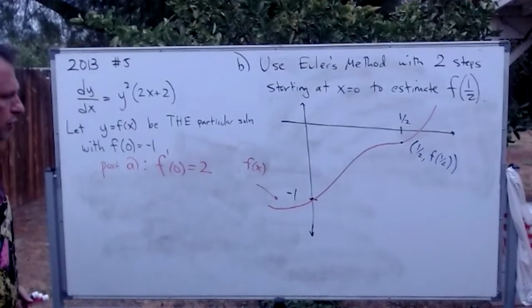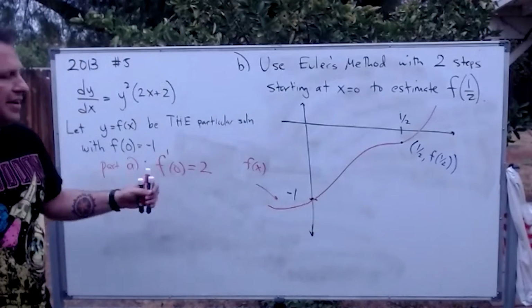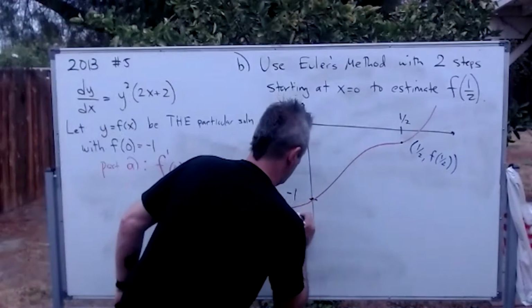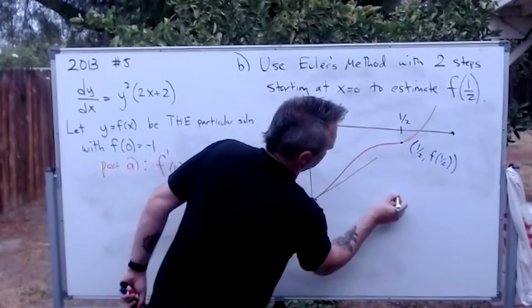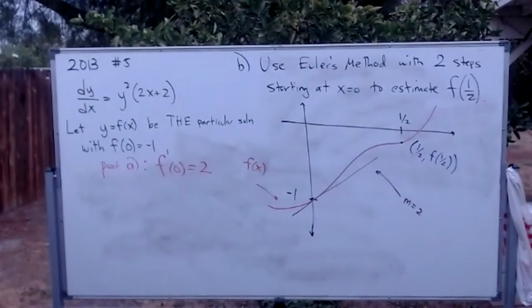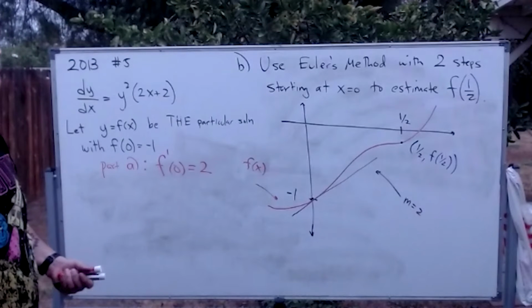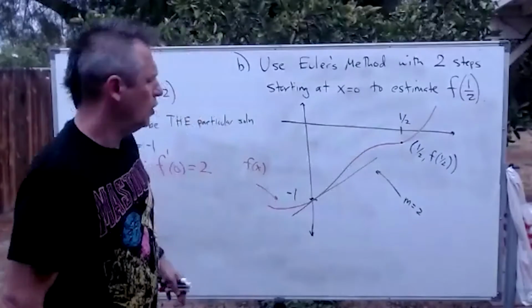In other words, we know that the slope of the tangent line to this function at x = 0 is 2. So that slope is 2.